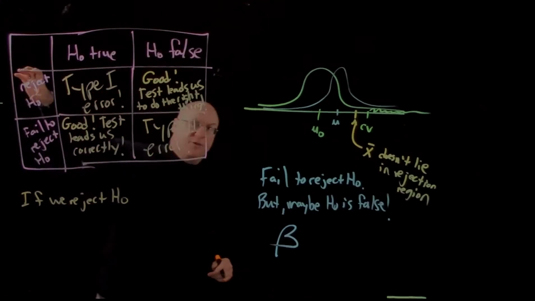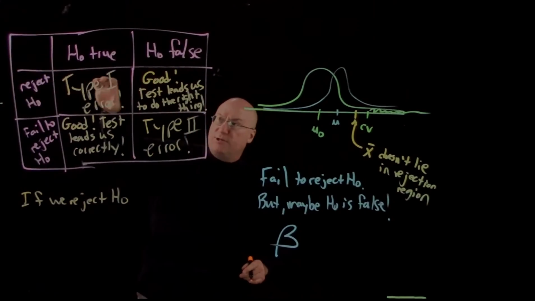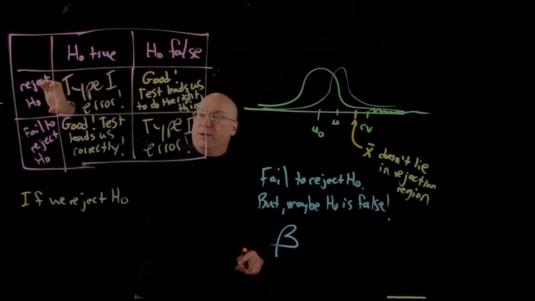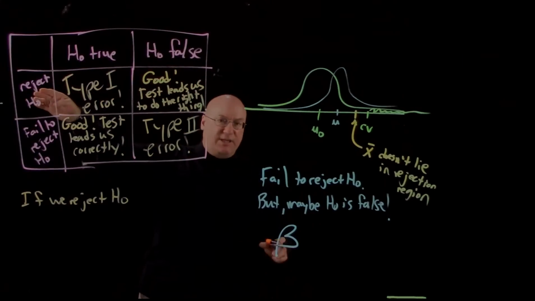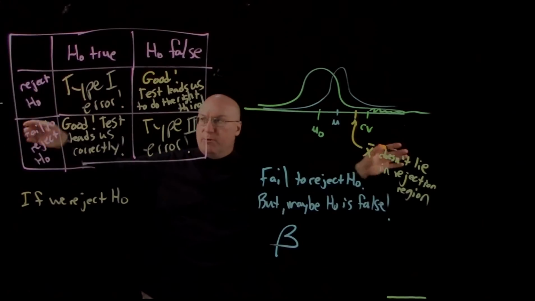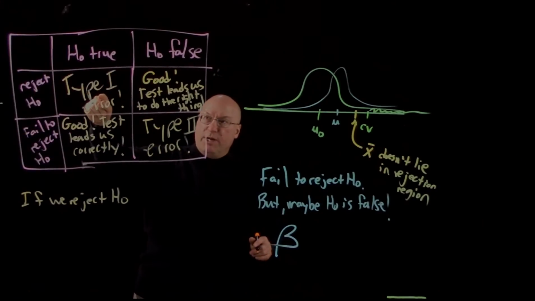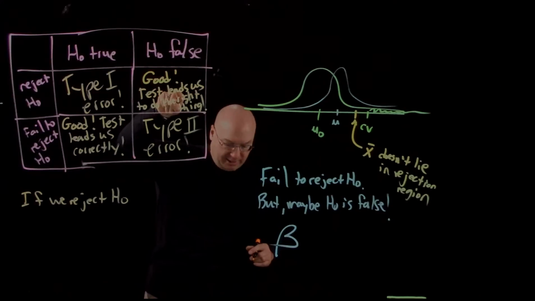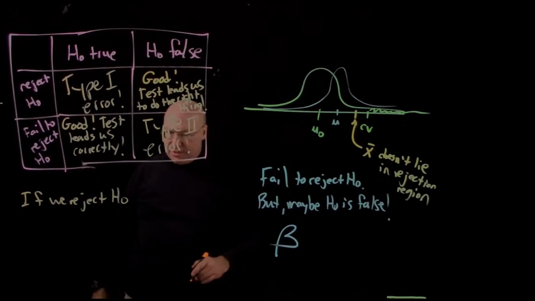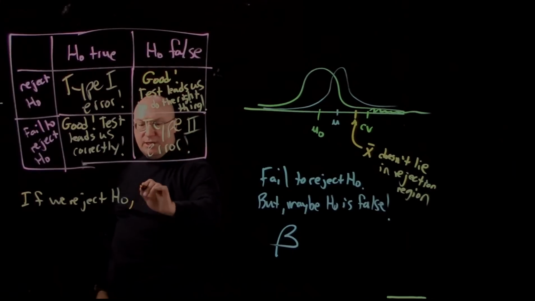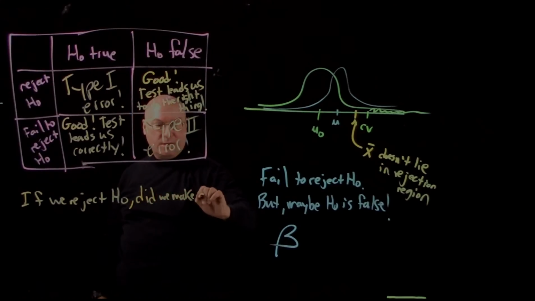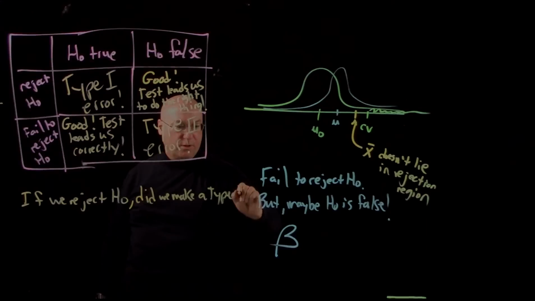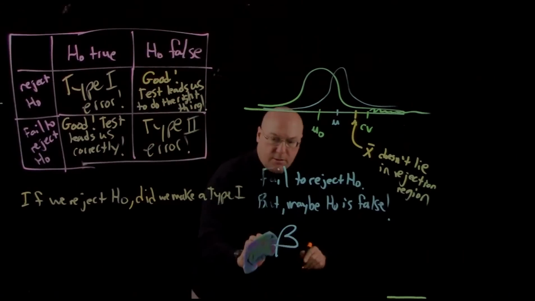We're rejecting it along this row right here, correct? Well, the thing we'd like to know is which column are we in? When we're rejecting H naught, the test statistic is way the heck out there, whichever way. Are we making a type 1 error, or did we make the right conclusion? If we reject H naught, did we make a type 1 error?